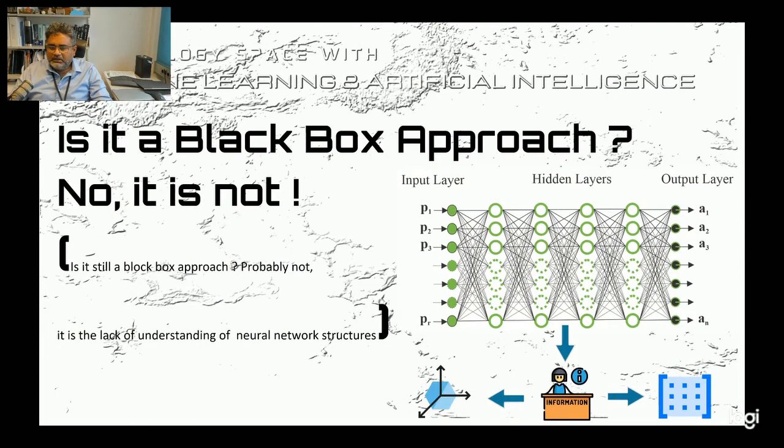And then let's try to answer another important question about these neural networks. Often people classify neural networks as a black box approach. This may not be exactly accurate, especially when it relates to modern neural networks. I'm referring to autoencoders, which are part of deep learning frameworks.